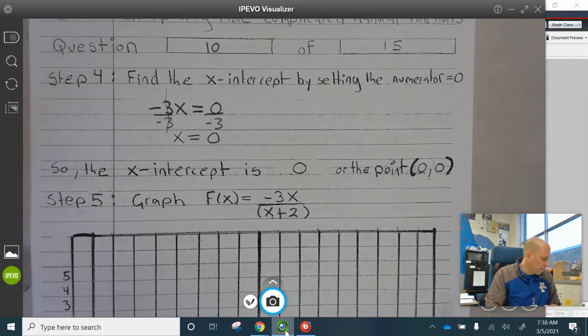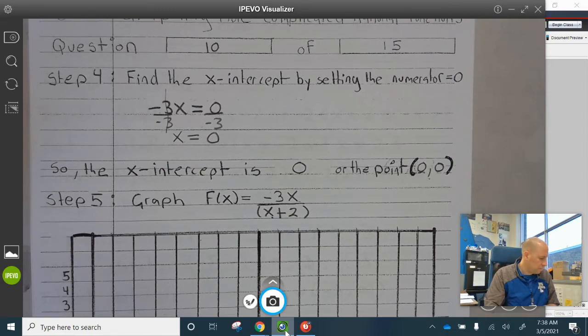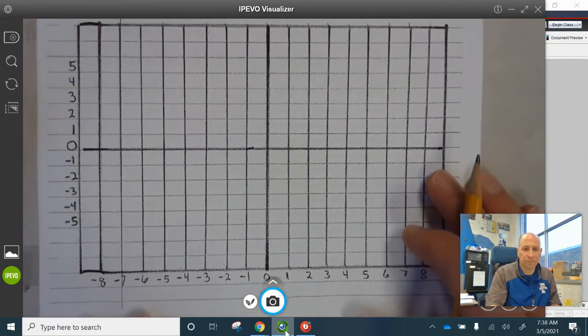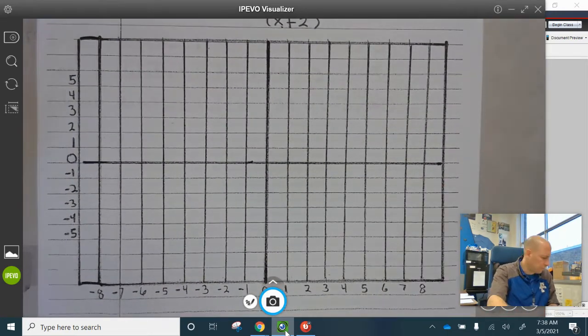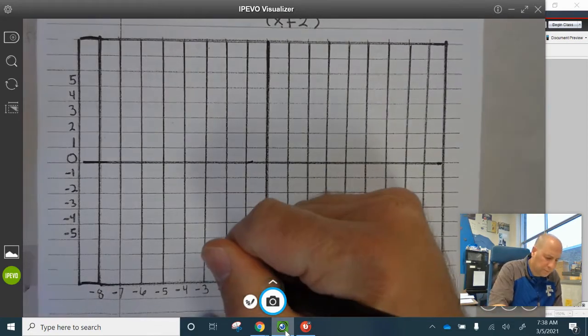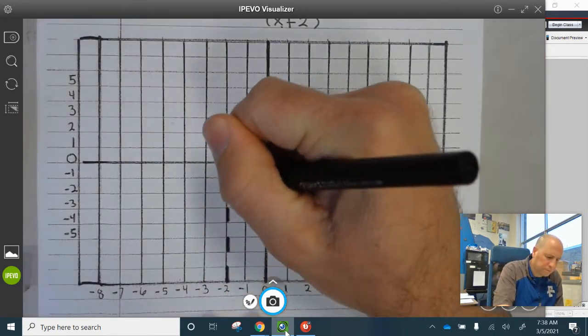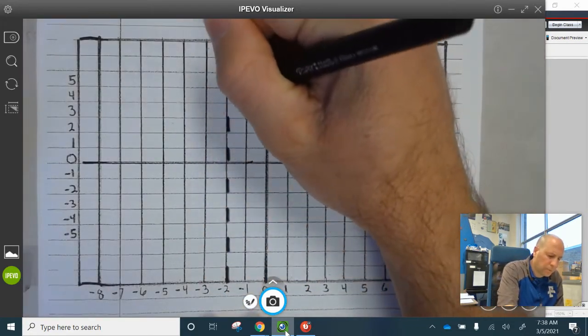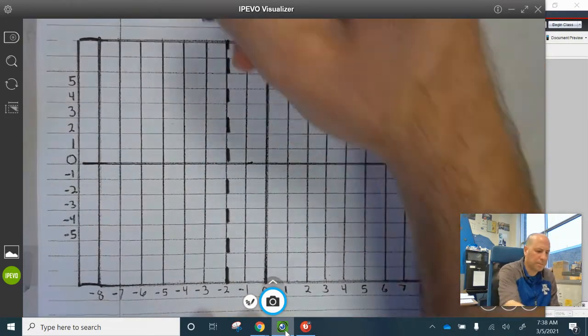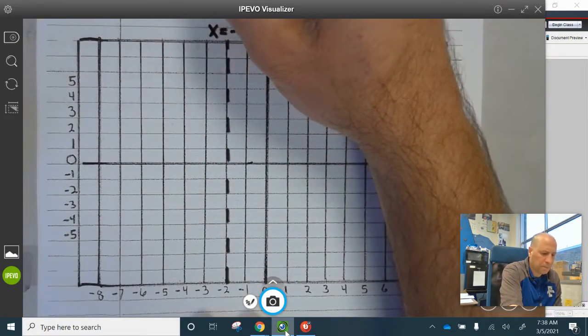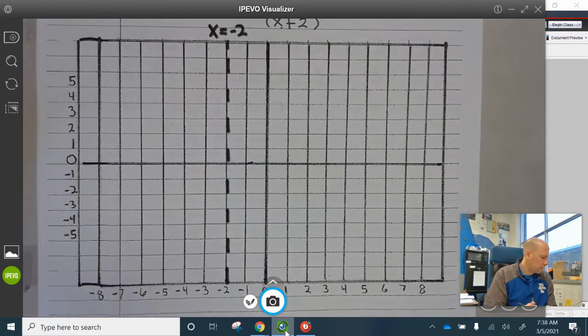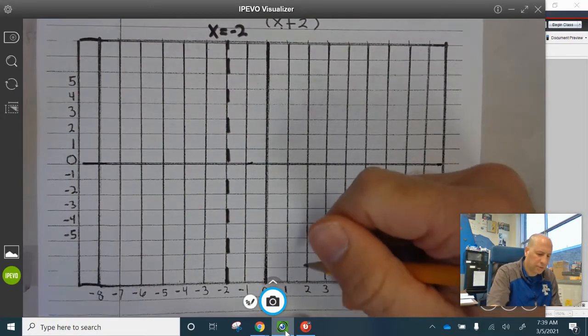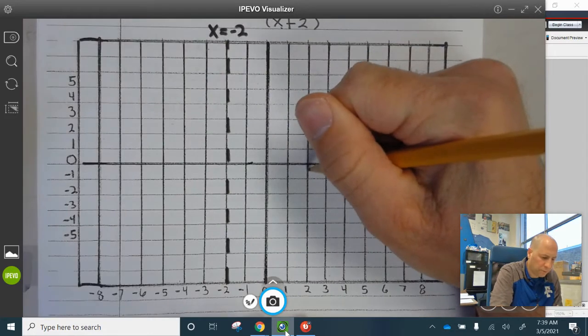Okay? So now let's go back. We want to graph the vertical asymptote first. Okay, so we have a vertical asymptote at x equals negative 2. All right. We also have a hole at 2, negative 1.5.